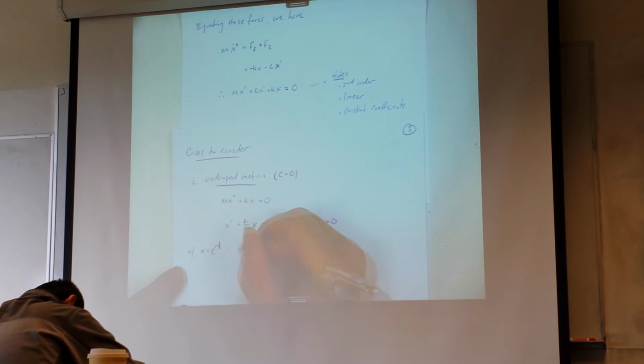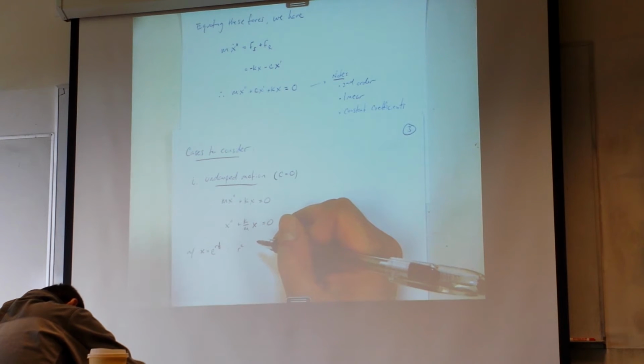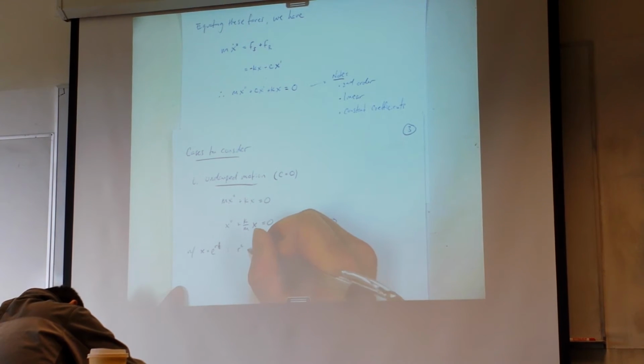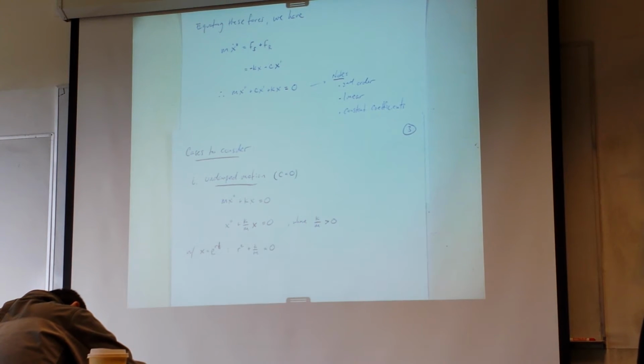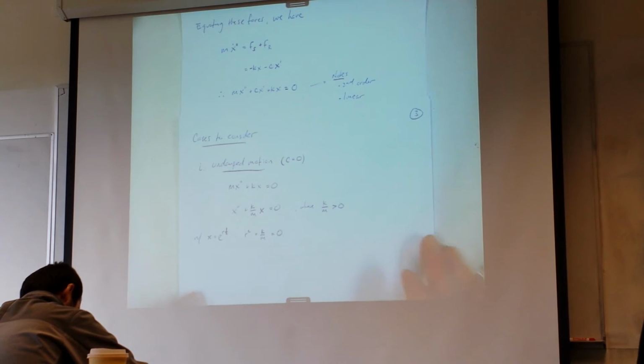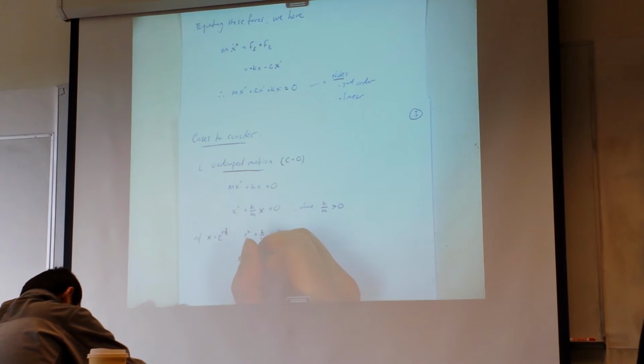So x equals e to the rt, and we would get r squared e to the rt plus k over m e to the rt, and I'm going to take out the e to the rt, equals 0. What kind of solutions do we get? k over m is positive, so we're going to get complex solutions.